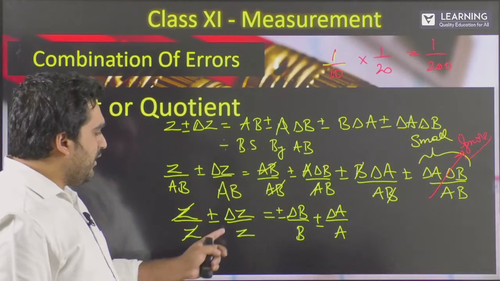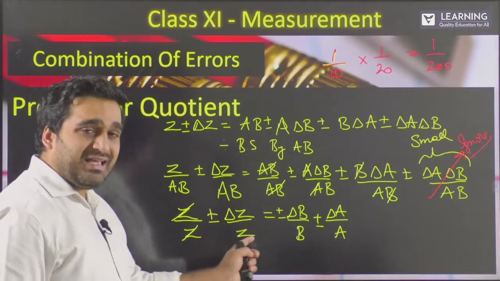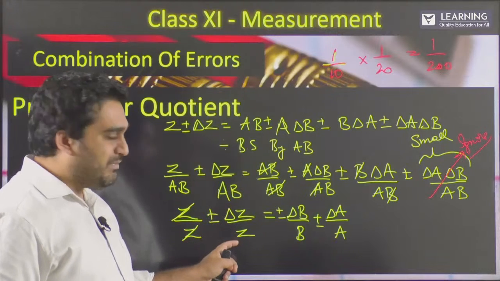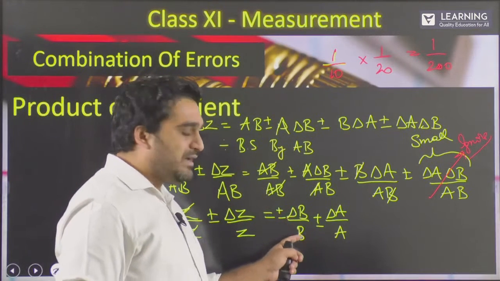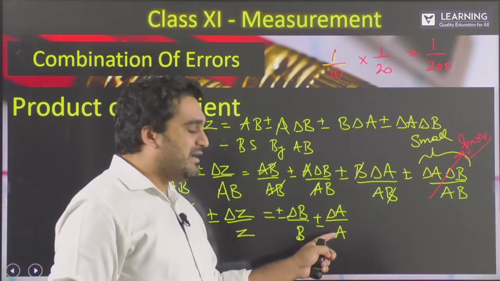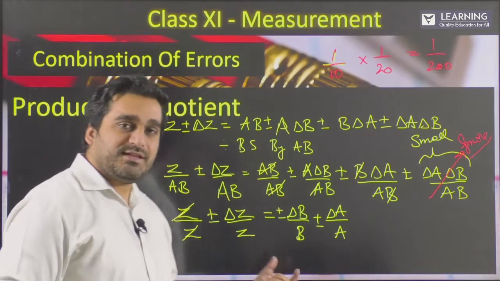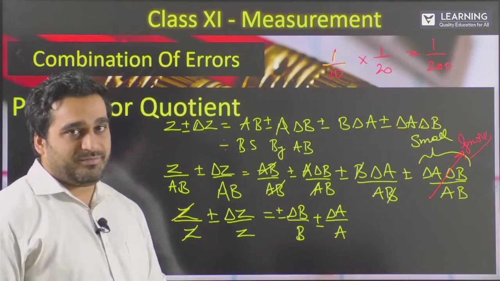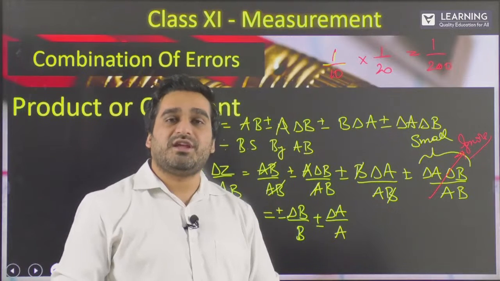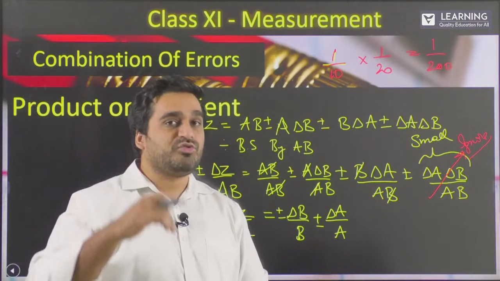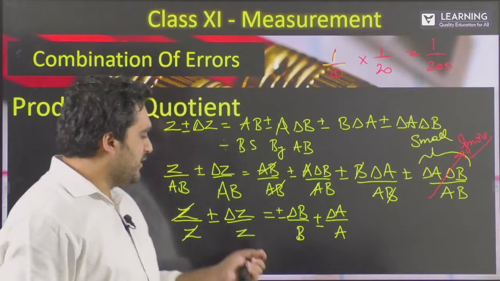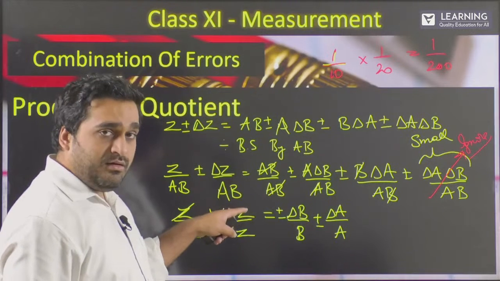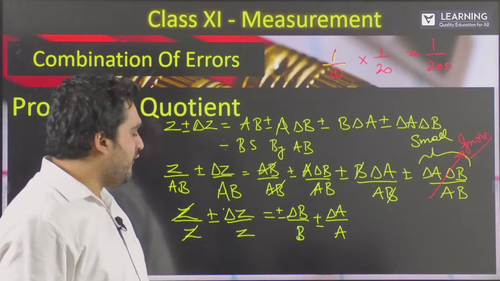Very good. And what you're left with is this given quantity: plus or minus delta Z by Z, plus or minus delta B by B, plus or minus delta A by A. This is a very familiar quantity which is called a relative error. A relative error is the ratio of absolute error divided by the true value.